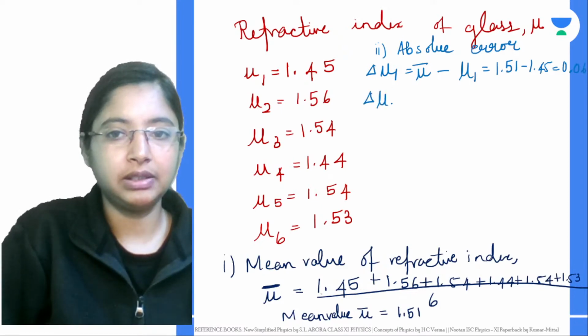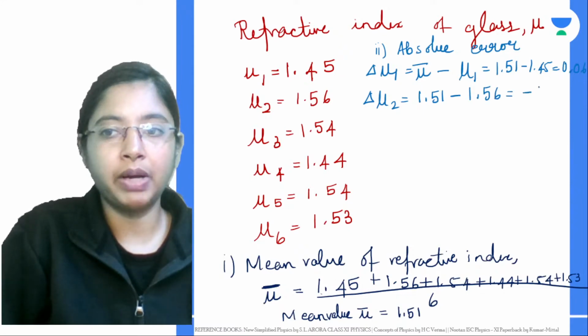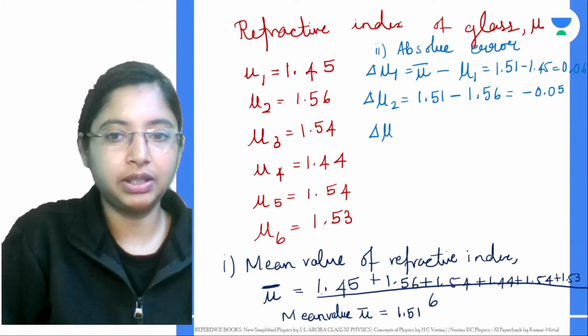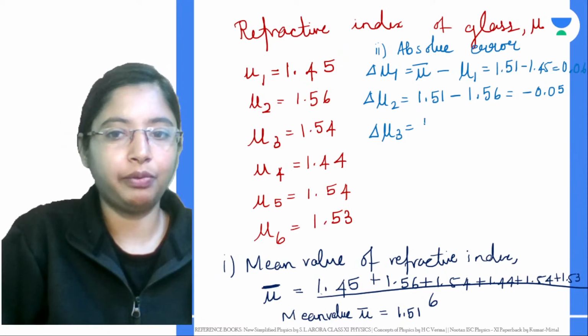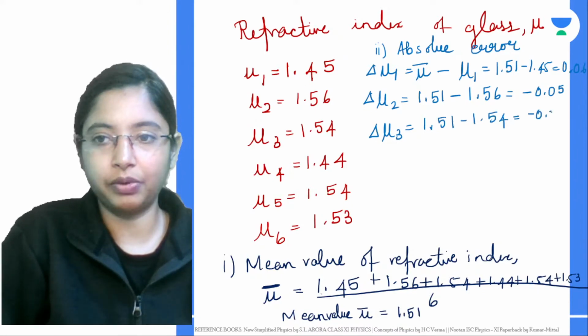In the second case, the mean value is 1.51 minus the second reading you got, 1.56. The difference between them is minus 0.05. For the third one, because absolute error is taken for individual readings, this will be 1.51 minus 1.54, around minus 0.03.